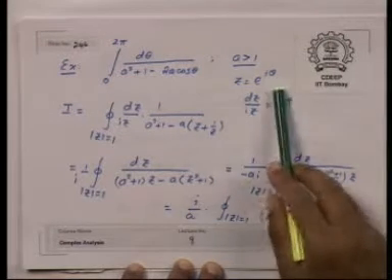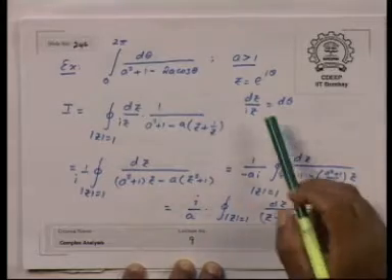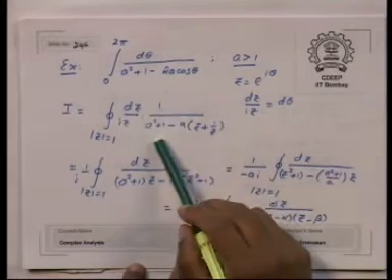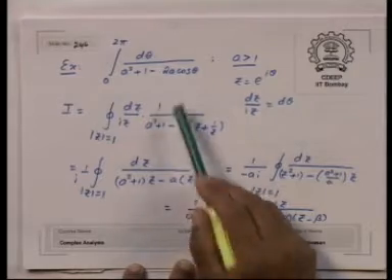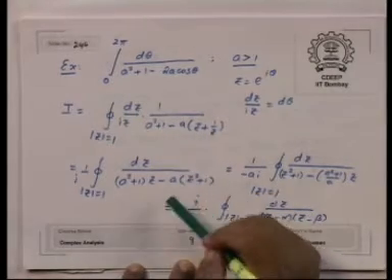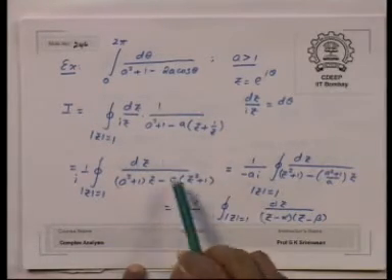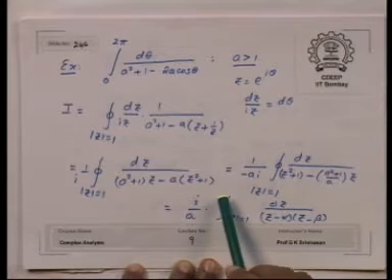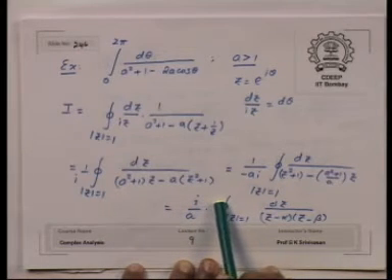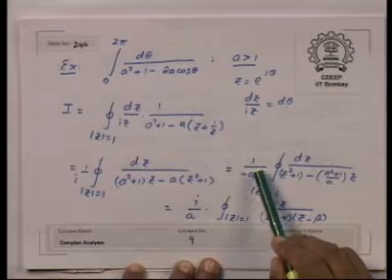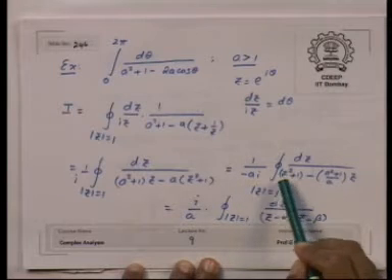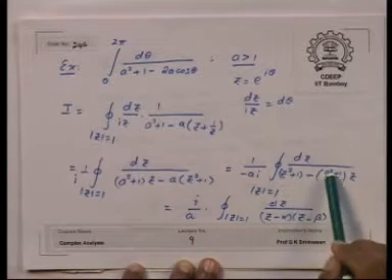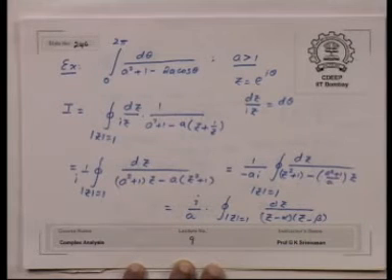And we put again as usual z equal to e to the power i theta, d theta is dz upon iz, and then you have a squared plus 1, 2 cos theta is z plus 1 over z. Once again you can simplify the expression and you get a quadratic polynomial in the denominator. So, you get 1 over minus a i integral dz upon z squared plus (1 minus a squared) over a times z plus 1, correct.